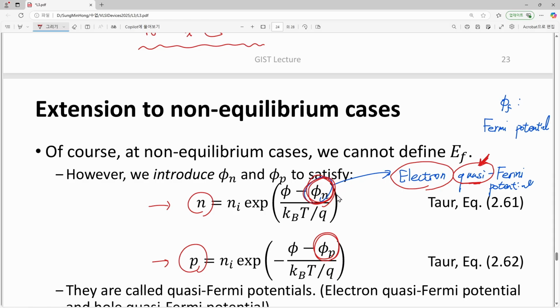Therefore, we need to introduce separately an electron quasi-Fermi potential and a hole quasi-Fermi potential. So simply speaking, the electron quasi-Fermi potential and hole quasi-Fermi potential are just matching functions to satisfy this expression.